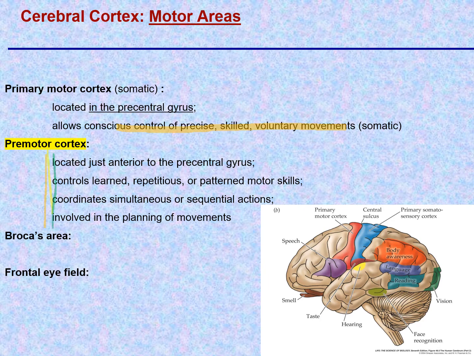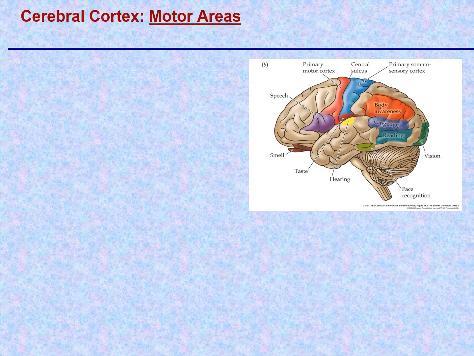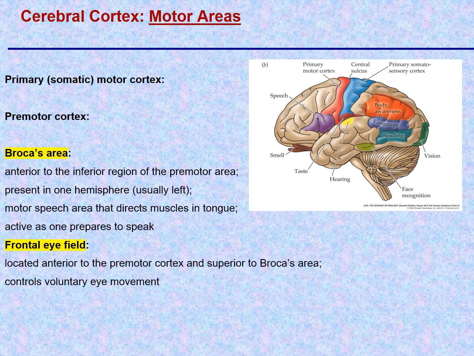And then we have Broca's area and the frontal eye field. I don't expect you to learn all of these things, but certainly I would expect you to be familiar with the idea of the primary motor cortex, where it is and what it does, because we'll talk more about it.